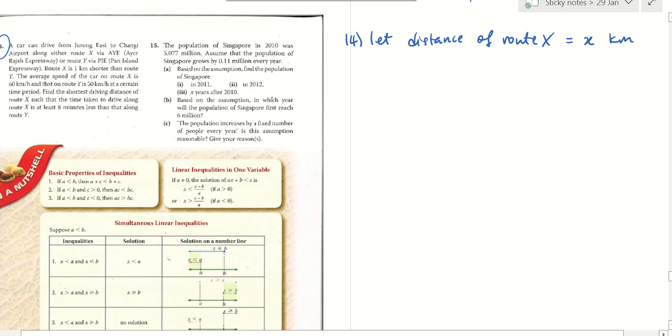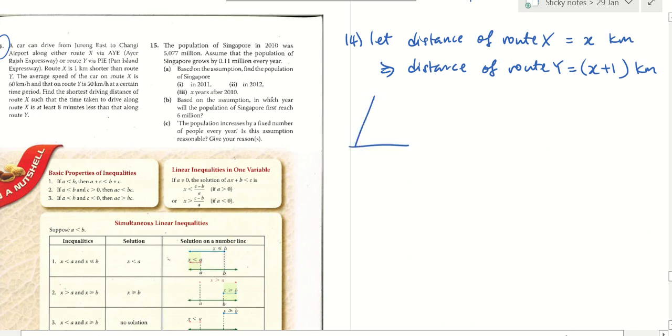So since I now have an expression for distance of route x, therefore distance of route y is x plus 1 km. It is longer. We also have the speed for both of them.